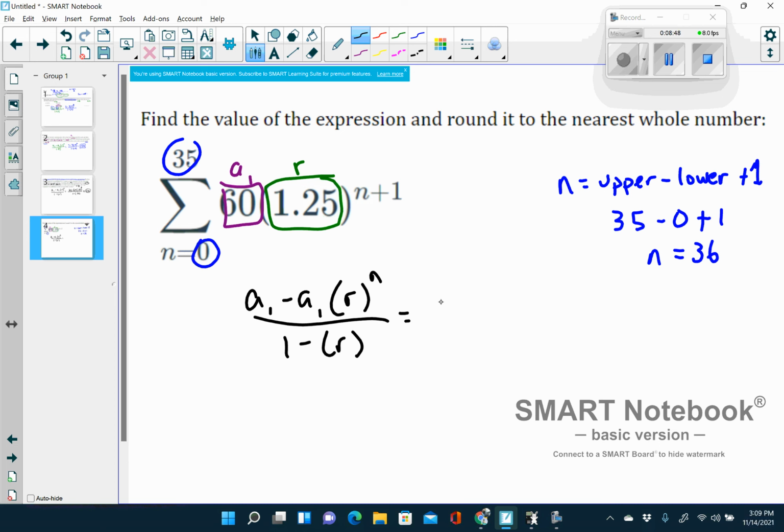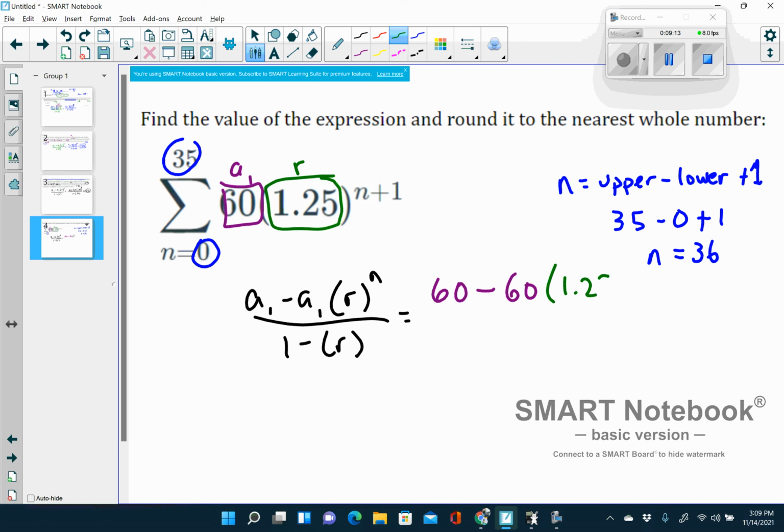So now all you're doing is plugging stuff in. So our A1, I went ahead and did this in purple, so let me just be consistent, is 60 minus, you put your A1 in again, so 60 again. And then the next thing you're going to do is the R, so I just picked green for my R. There we go. So I'm going to do parentheses. So our R is what's in parentheses right here.